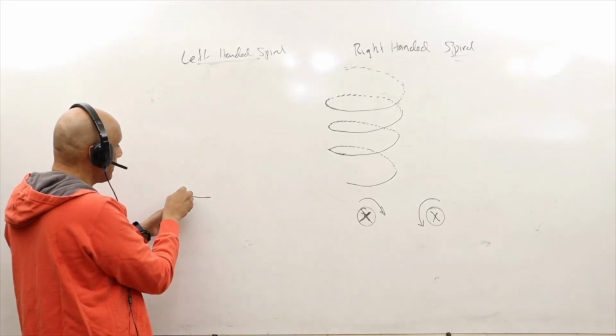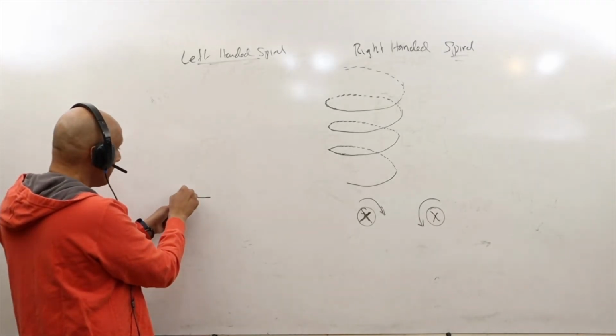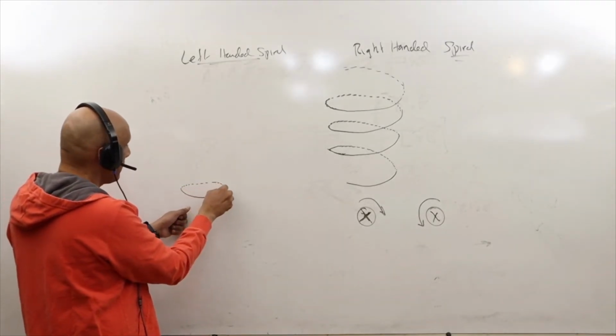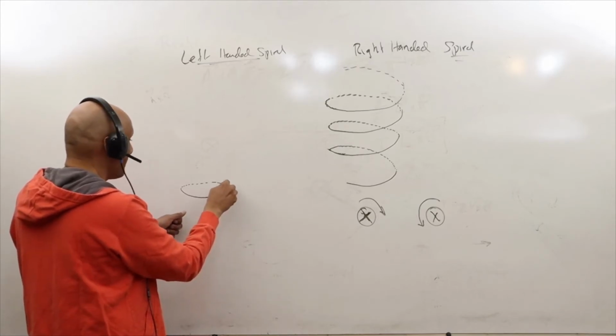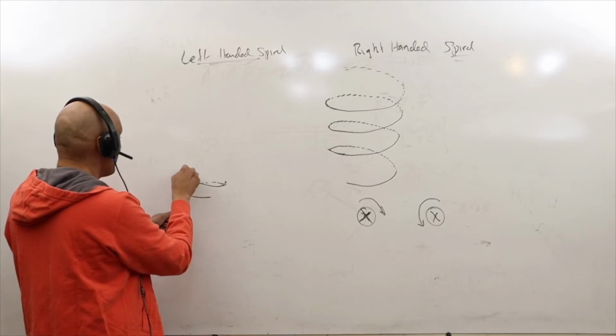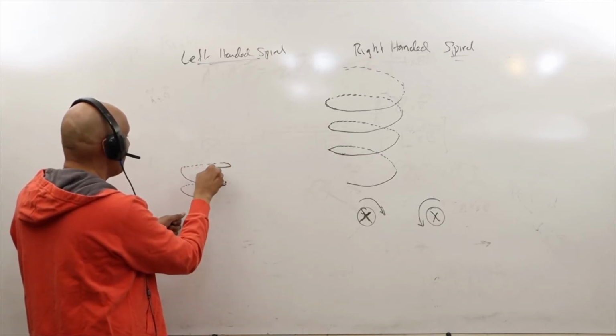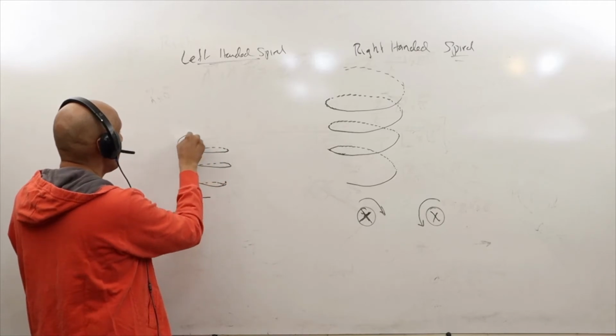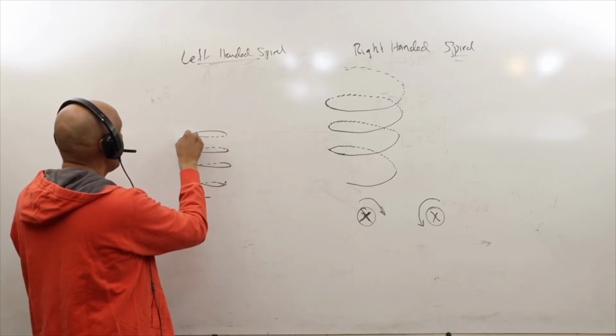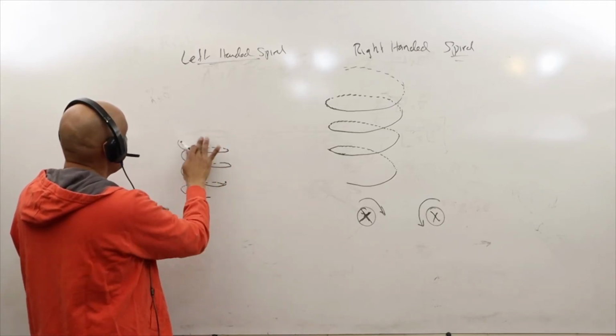It's coming in. So this is the front of the spiral, and then it's in the back, and then coming in. I'm very bad at drawing. The back is the dots. Oh, I messed that up completely.